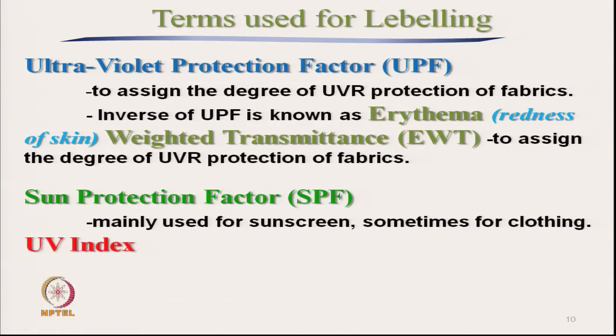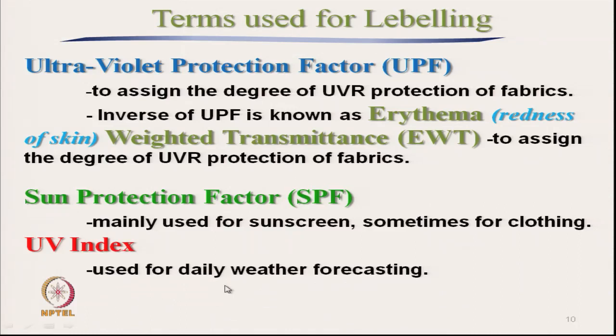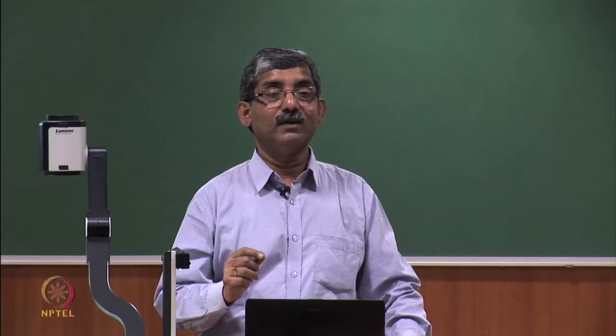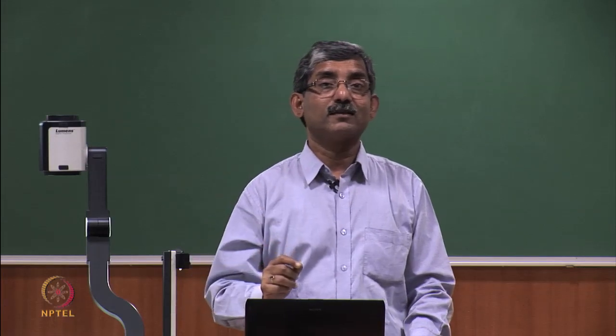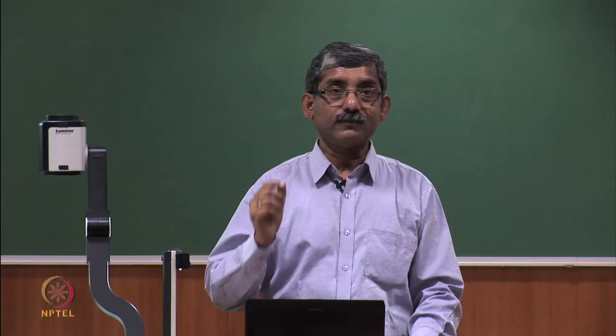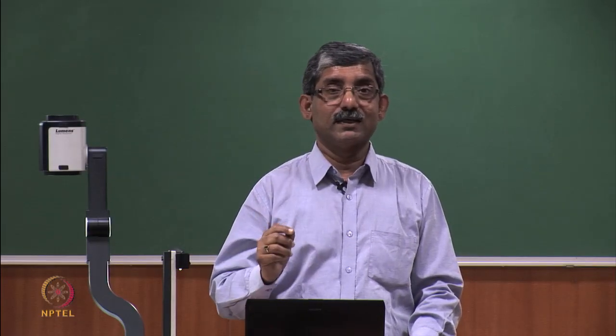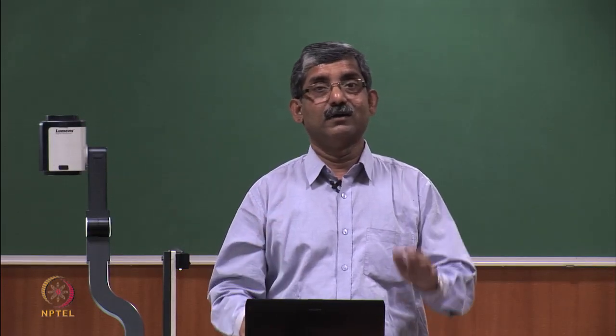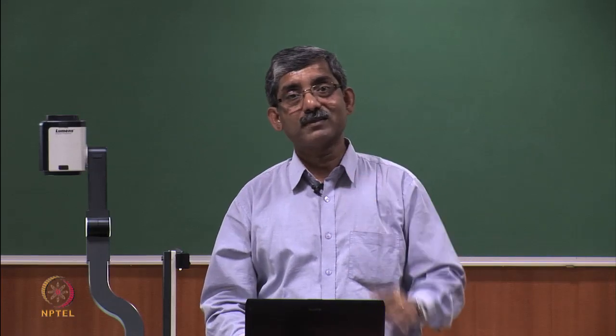And another term which we use very commonly is the UV index. It is used for daily weather forecasting like temperature, humidity. We can forecast the UV index of a particular place, because the UV index depends on the elevation of a particular place.